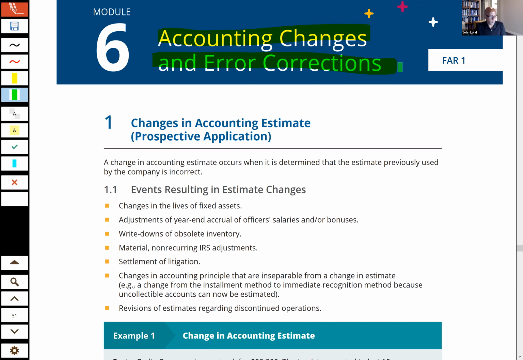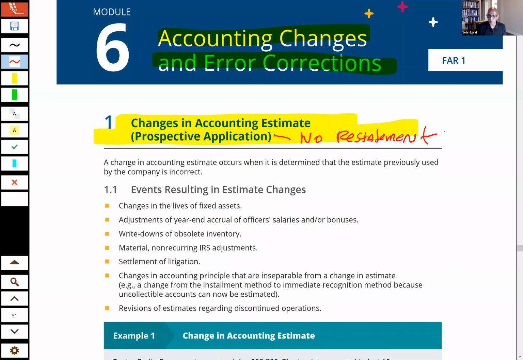Okay, so those are the 3 changes we're talking about. Now, change in accounting estimate is pretty simple. They tell us we have prospective application, which means there will be no restatement. Prospective application means we go forward with the new estimates.